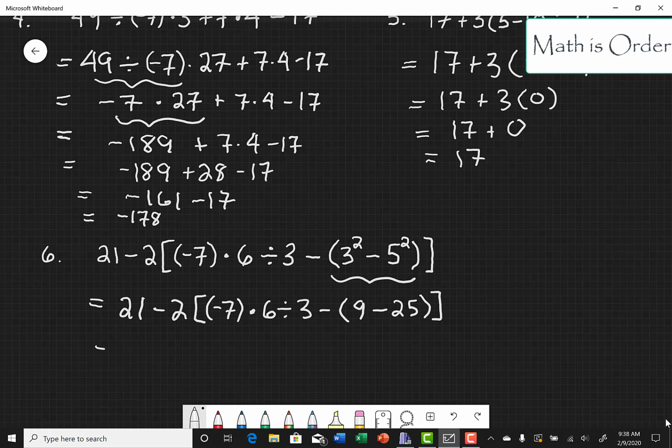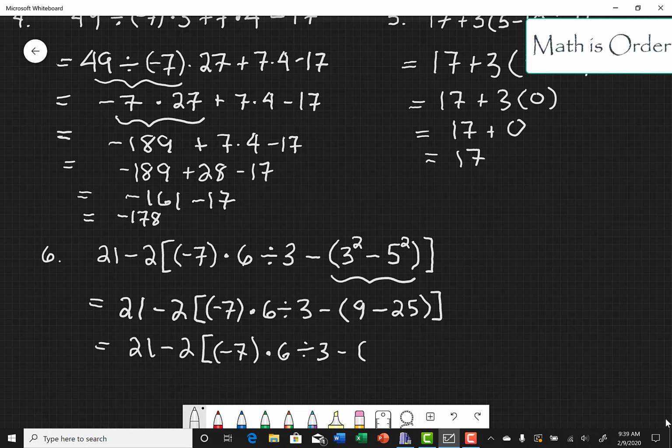So just take your time, go really slowly. I'm rewriting all other parts of the expression to avoid making any mistakes. It's a lot of writing, but it's worth it so you can have accuracy.